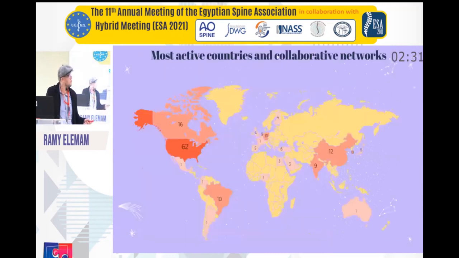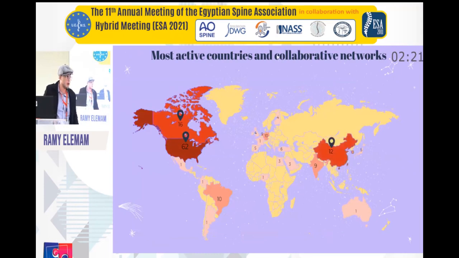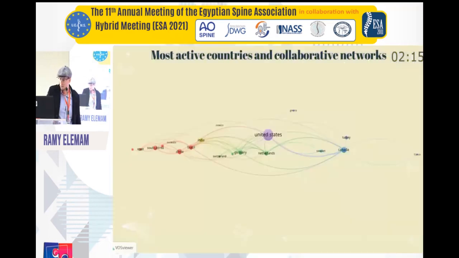And the most active countries and collaboration networks were the USA in first place with 62 publications, Canada with 16, and China with 12. And tied for third place were South Korea, Germany, and Brazil.